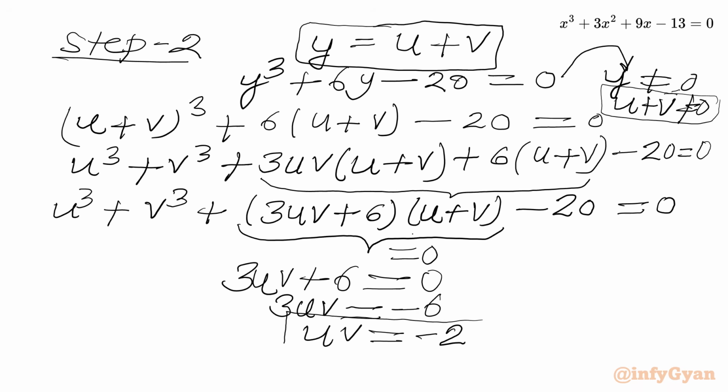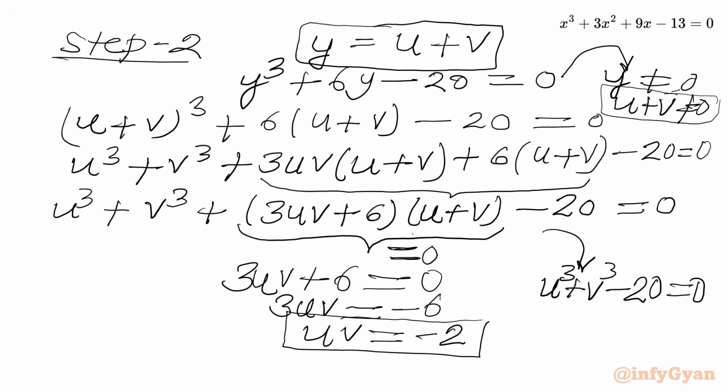So we have one equation in uv. Now by setting the middle term equal to 0, we will get from here u cube plus v cube minus 20 equal to 0. By taking minus 20 to the RHS, I can write the equation u cube plus v cube equal to 20.